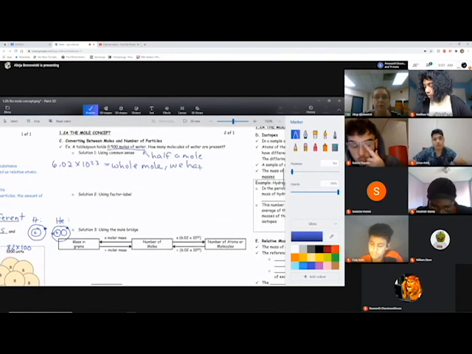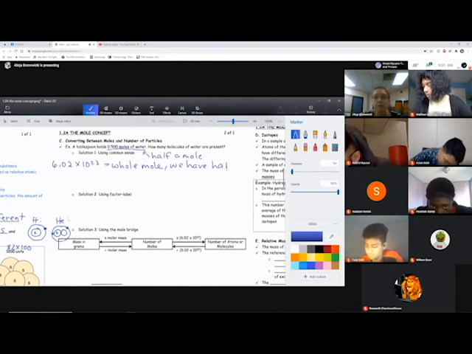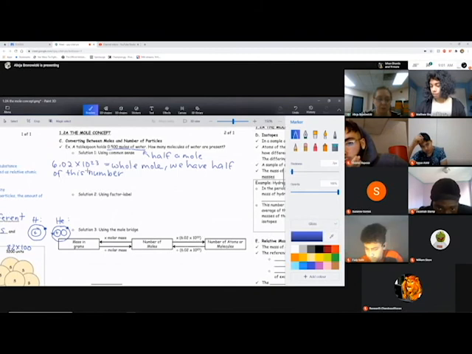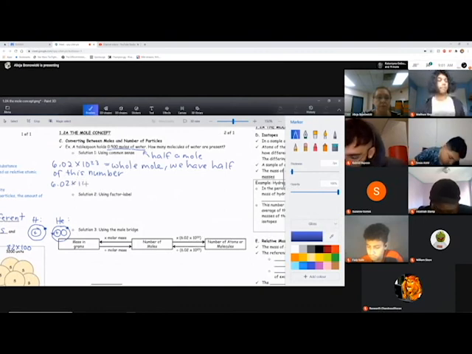This is the number of molecules in a whole mole, so whatever half of this is, it'll tell me the number of molecules in half a mole. So I just divide it by 2.